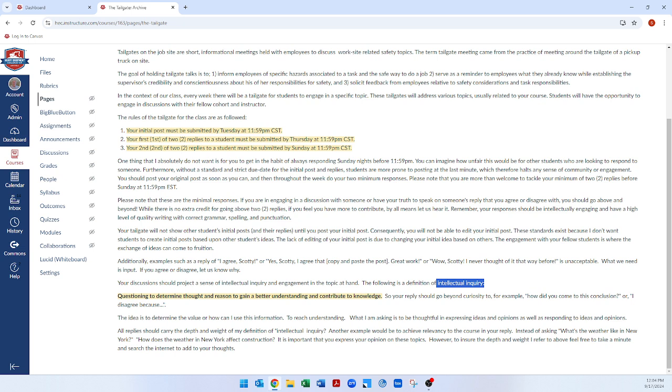So here's another example. How did you come to that conclusion? I disagree because, those things are good. We can confront each other. It says down here, the idea is to determine the value, or how can I use the information that you're giving me, that I'm giving you. How can I use it and reach understanding?